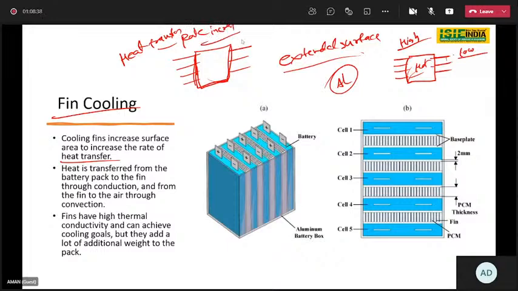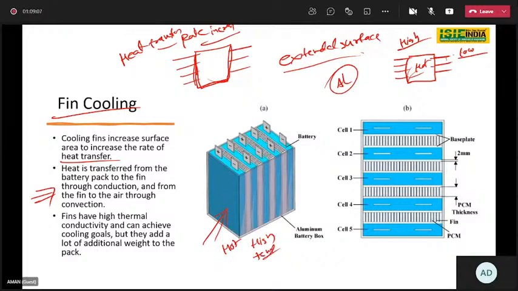Next, heat is transferred from the battery pack to the fins through conduction, and from the fins to the air through convection. So what is exactly happening here? This is the extended surface, so let's say fins are there. This is the battery pack, and the battery pack is hot in nature, at a high temperature.